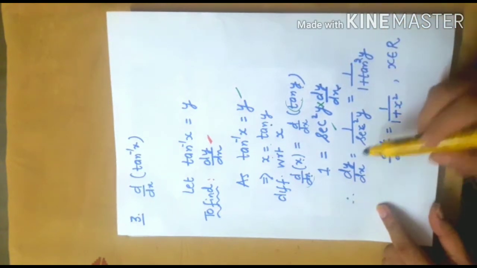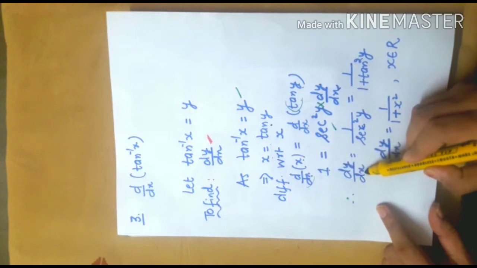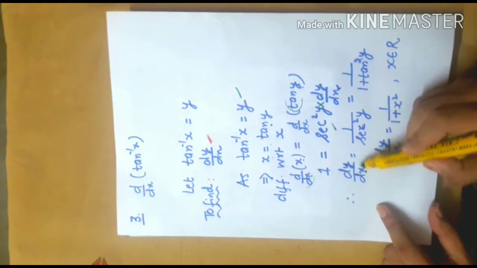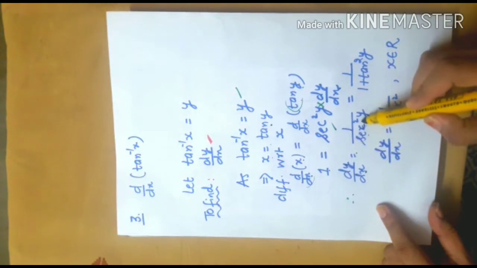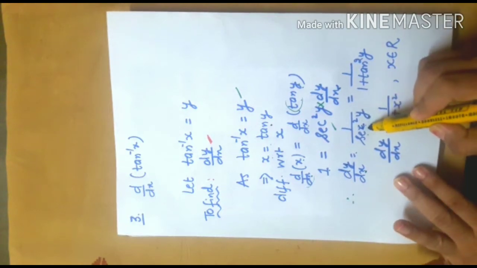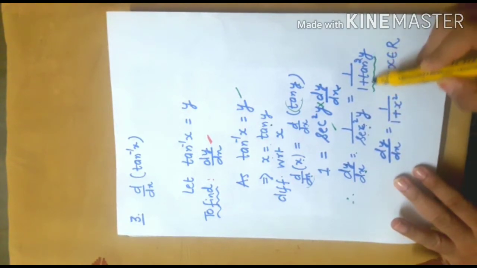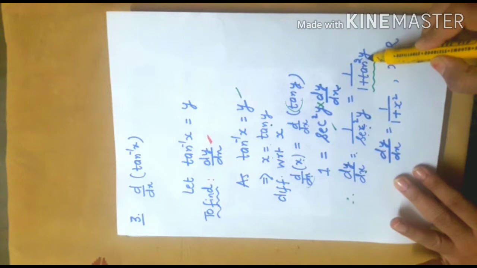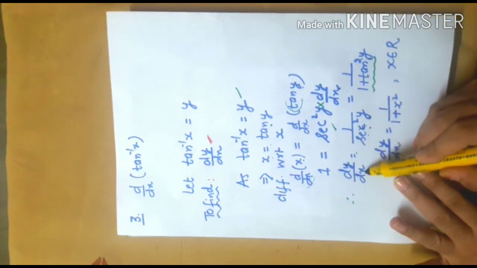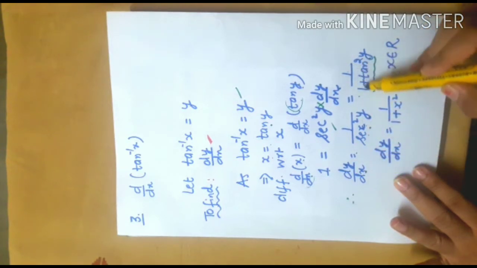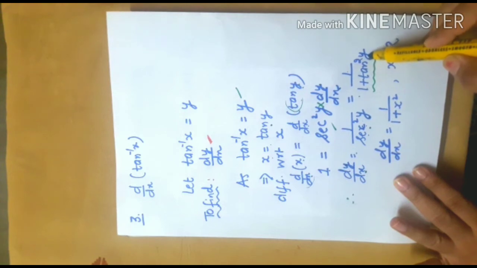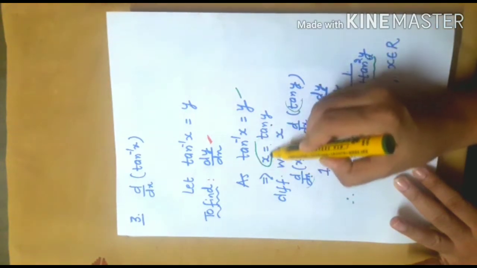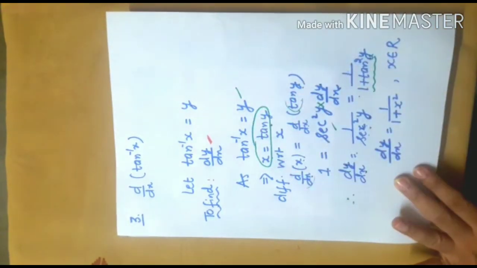So dy by dx is equal to 1 over secant square y. And secant square y can be written as 1 plus tan square y. So dy by dx is equal to 1 over 1 plus tan square y. And what was tan y? Tan y is equal to x.